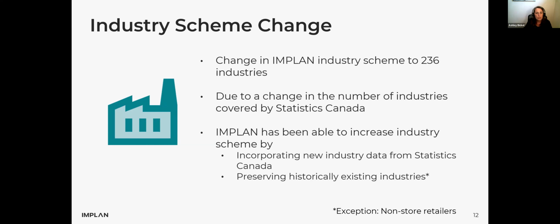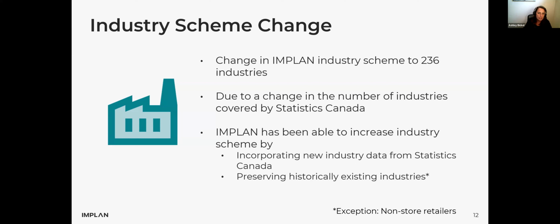So IMPLAN has been able to increase the industry scheme by one, incorporating that new industry data for those two new industries from Statistics Canada, and then preserve historically existing industries for as much as we're able. So we were able to do that for all industries except non-store retailers, which no longer has a NAICS code, and therefore we no longer have raw employment data for.